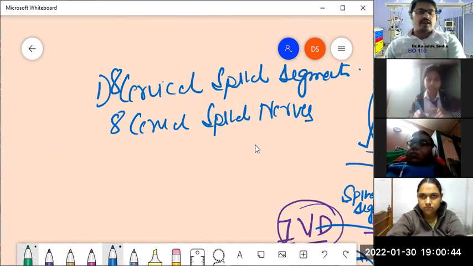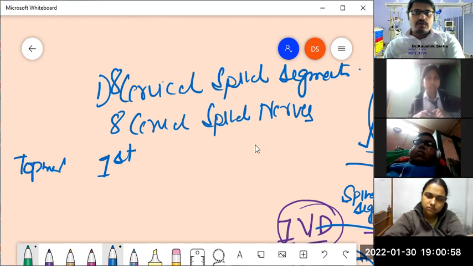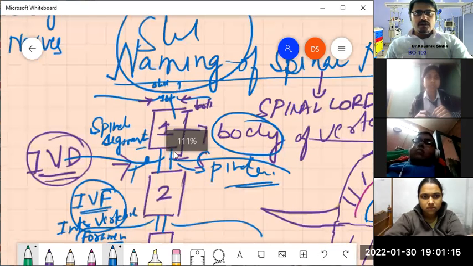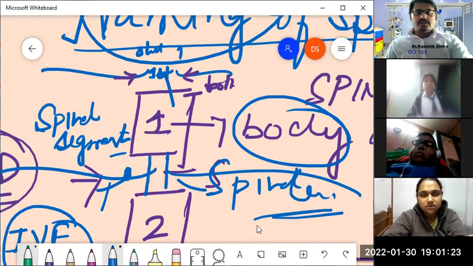Of these, we consider the topmost one as the first cervical spinal nerve, because the counting follows the downward direction. From up towards down is the direction of our counting. So when you say the first cervical vertebra, we are referring to the topmost cervical vertebra. Sir, why is it called cervical? Cervix means neck.